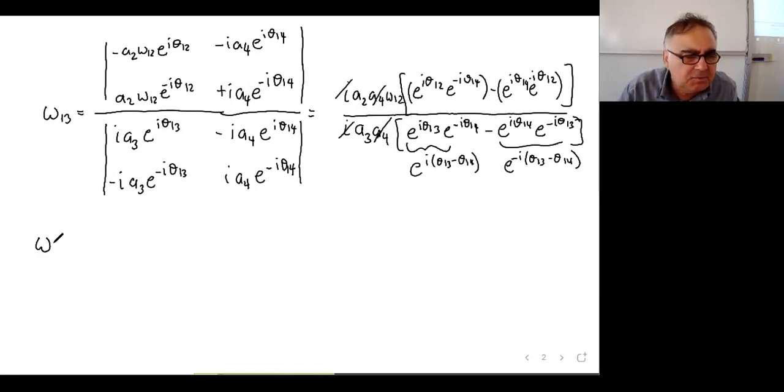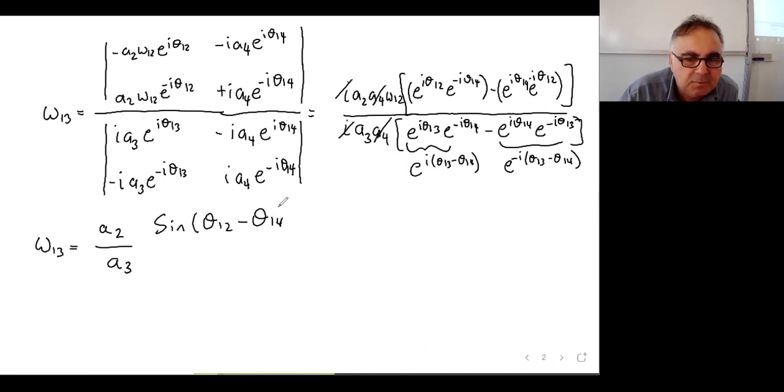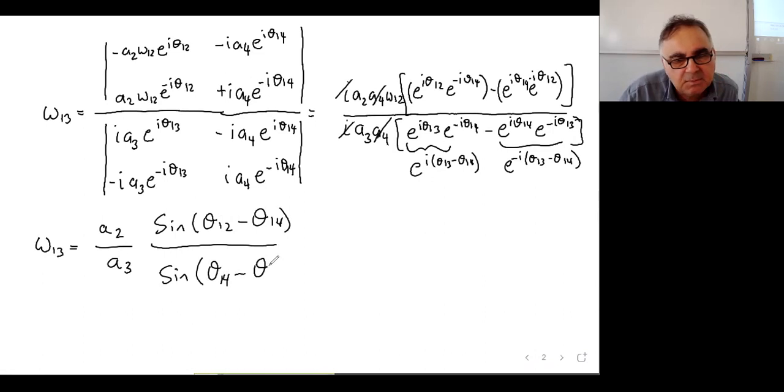And you can use the trigonometric identities and so on in the final results. You are going to get sine theta 1, 2 minus theta 1, 4 divided by sine theta 1, 4 minus theta 1, 3 times omega 1, 2.